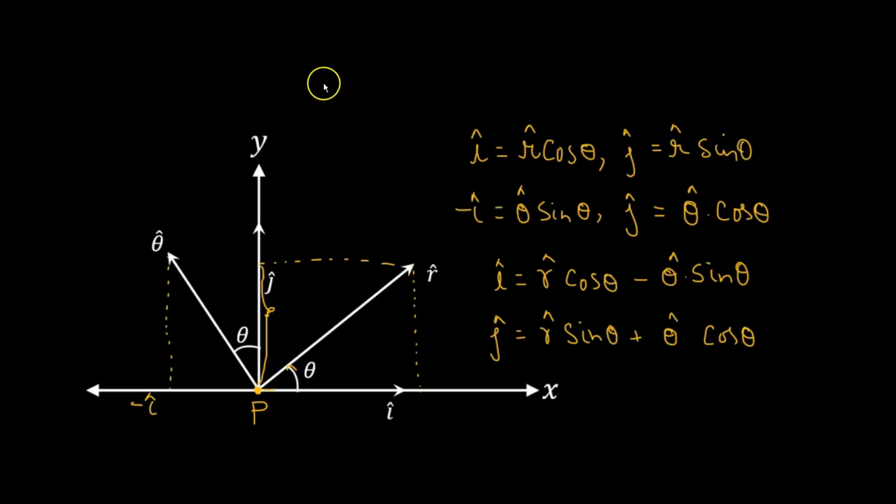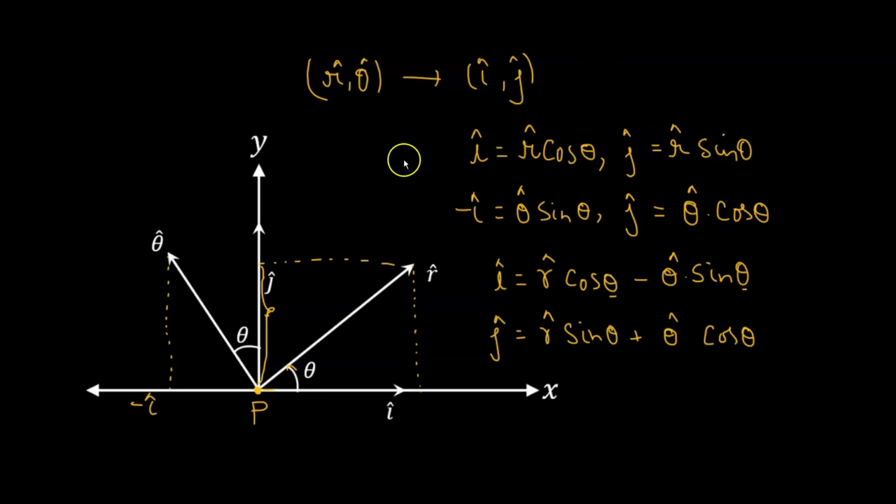So this transformation takes us from r cap theta cap to i cap j cap. So that means we have to know the value of theta, and if we know r cap and theta cap, then we'll get the corresponding unit vectors in the rectangular coordinate system.